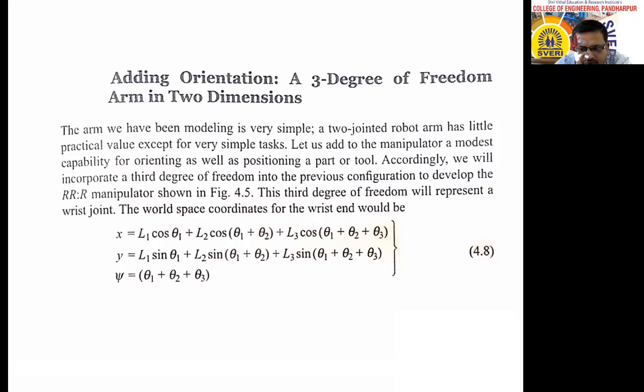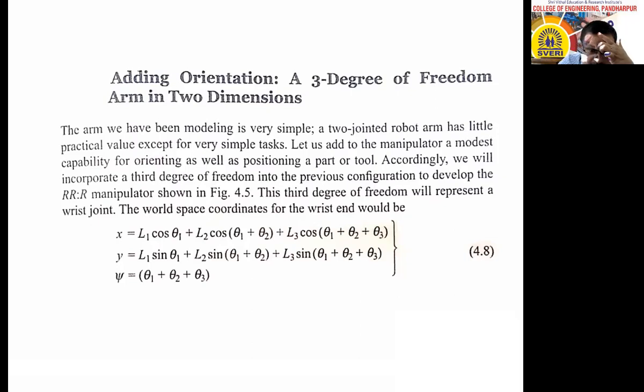Let us add to the manipulator a modest capability for orienting as well as positioning a part or tool. Accordingly, we will incorporate a 3rd degree of freedom into the previous configuration to develop the RRR manipulator as shown in figure 4.5. This 3rd degree of freedom will represent a wrist joint.